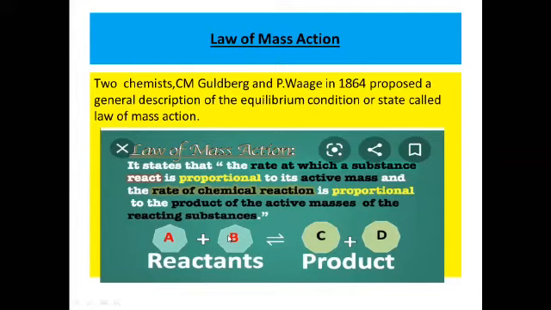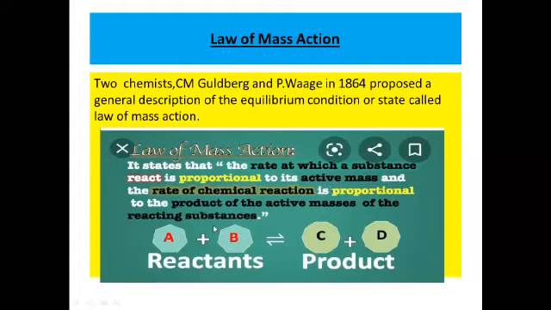We learned in grade 9 that molarity is defined as the number of moles of solute dissolved per decimeter cube of solution. So active mass is the concentration of a substance in moles per decimeter cube, and we represent it by brackets or parentheses.